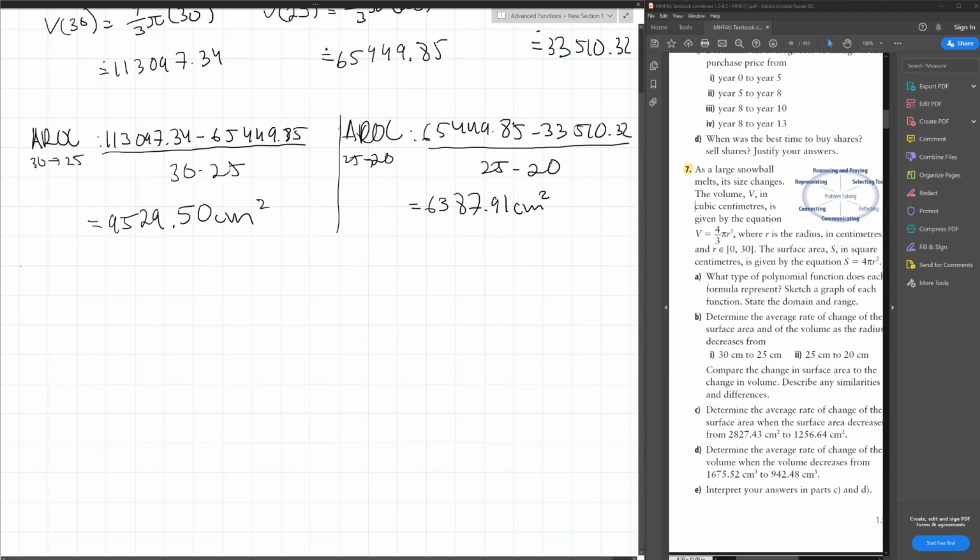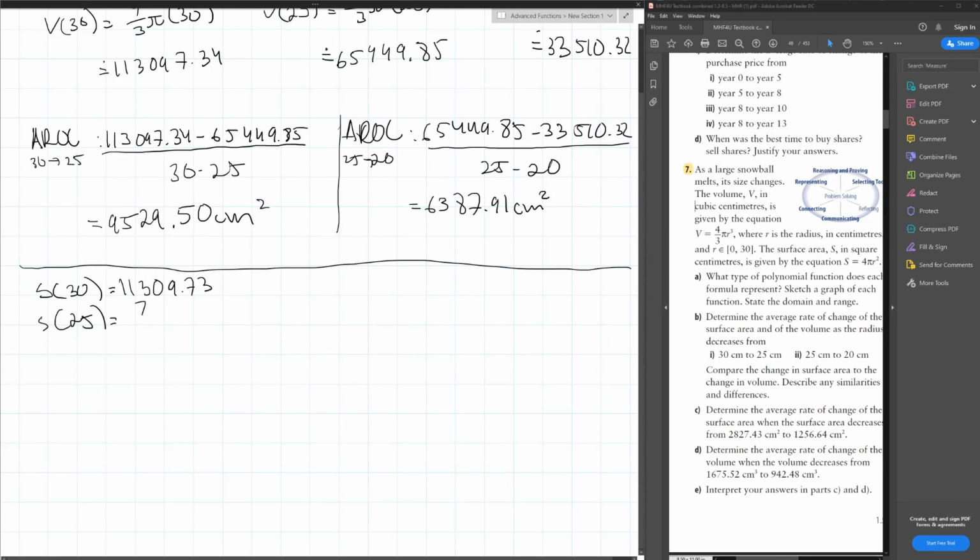You have to do the exact same thing for the surface area. So we have S of 30. I don't want to write out the full thing, so I'm just going to write what the value equals. It is around 11309.73. Then S of 25 is equals to 7853.98.